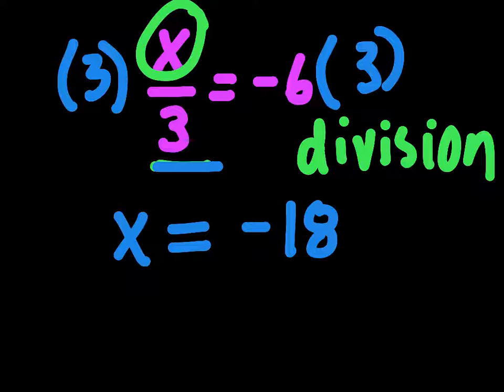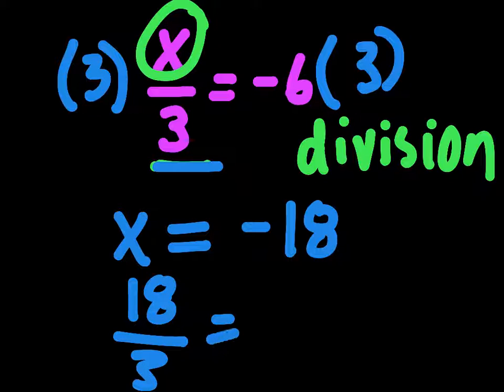So let's go back and check. So we put 18 back on top. So if we have negative 18 divided by 3 equals negative 6. Yep, that's right, so this checks.